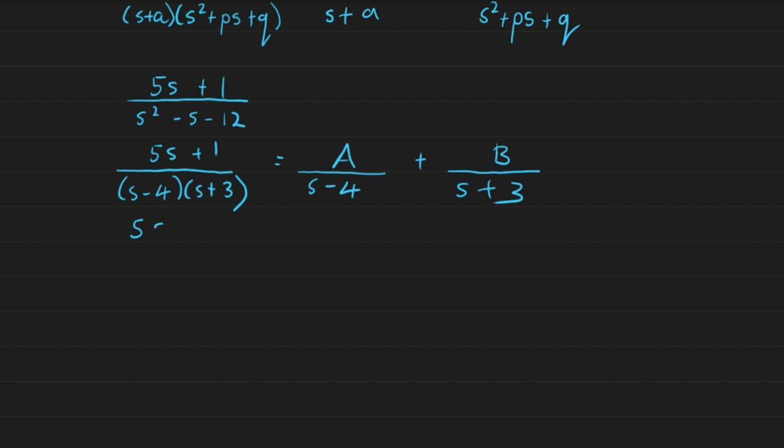If we do that, we get 5s + 1 equal to A(s + 3) plus B(s − 4).